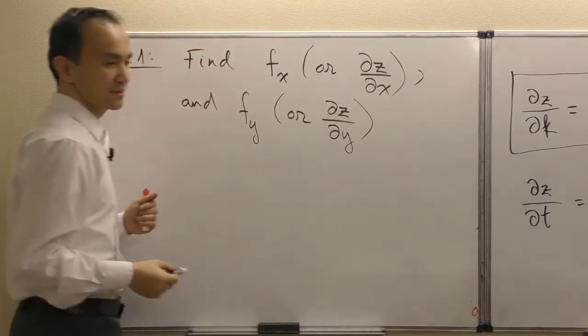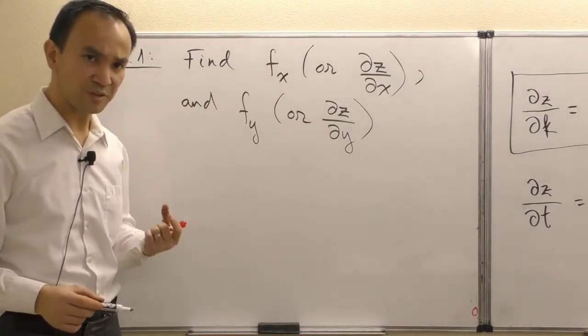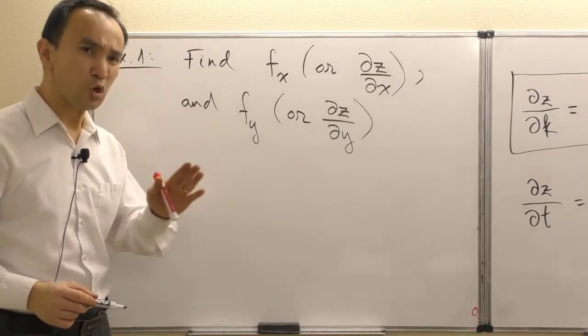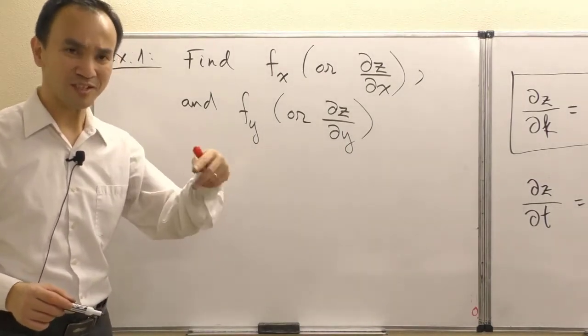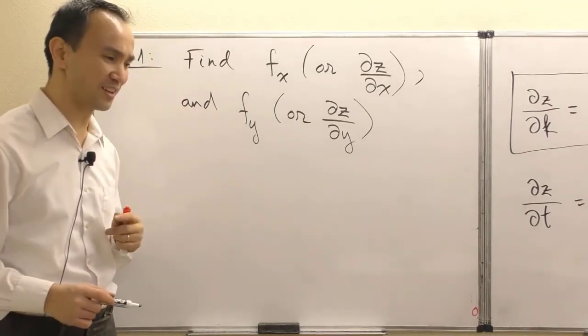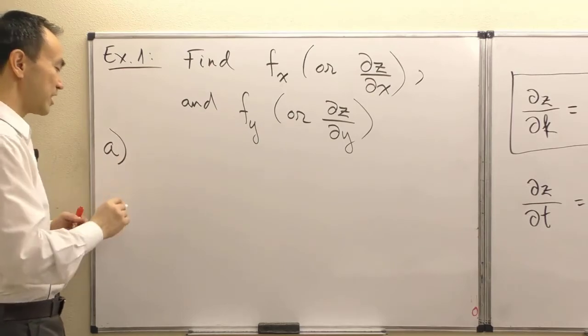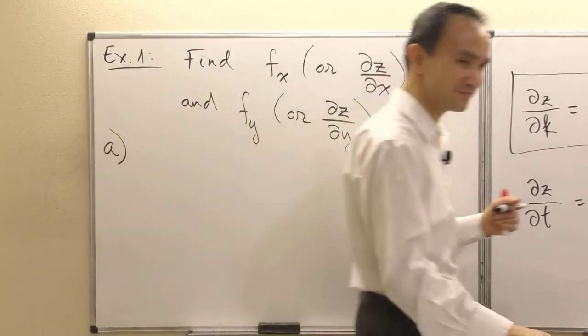So we want to find those derivatives. So there are two partial derivatives here asked to be found like that. So that means do expect that the function will be mainly two variables throughout the entire example 1 right here. All right, so now allow me to bring in part A of the example.